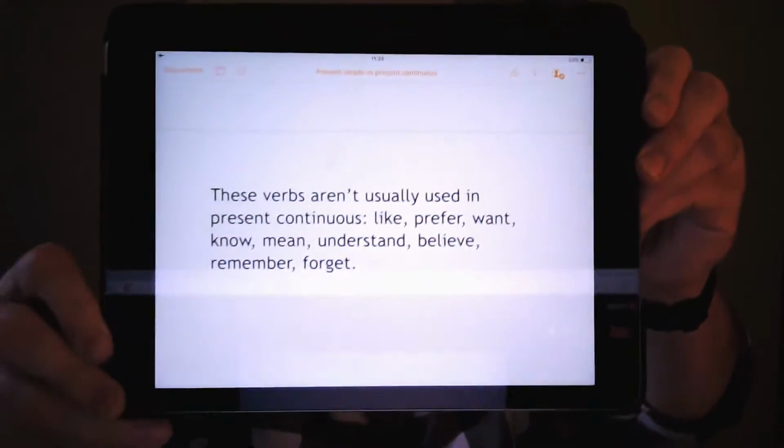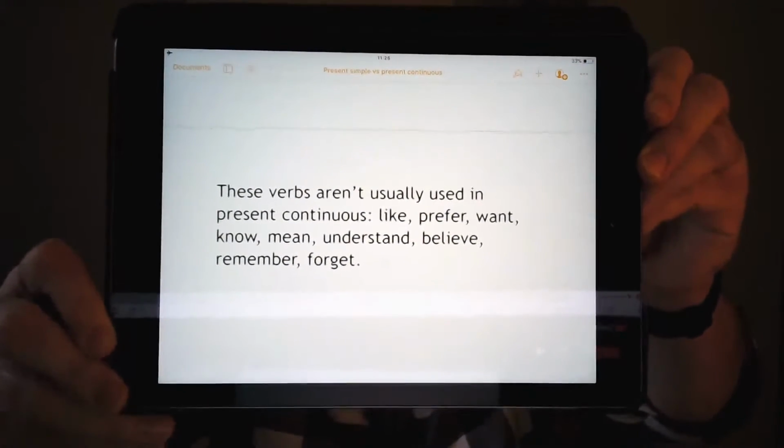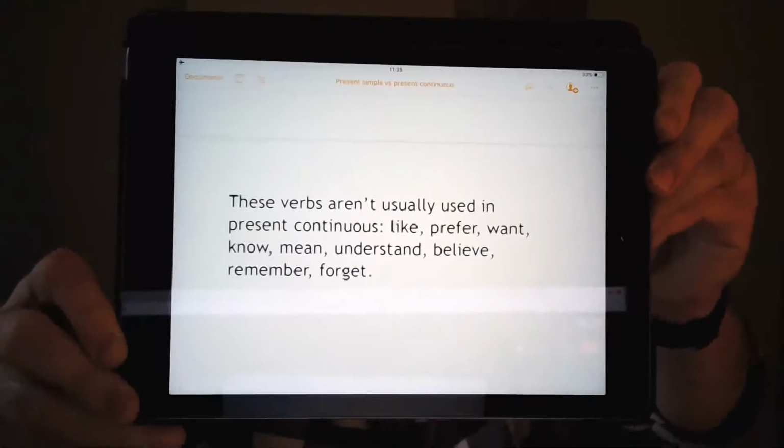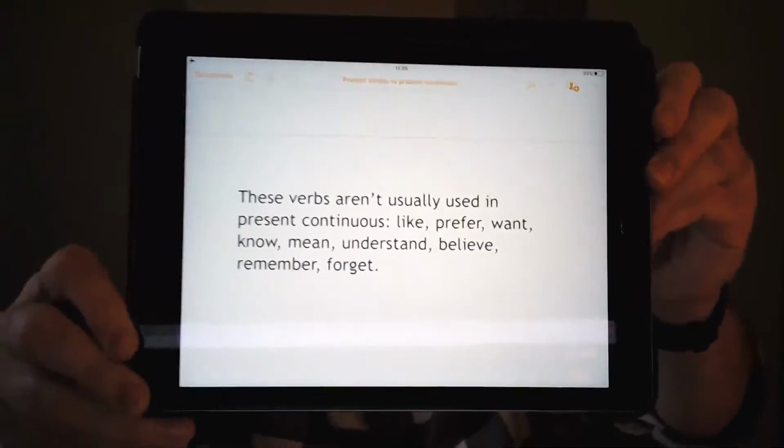So one thing I'll show you to remember, let me find it. These verbs aren't usually used in present continuous, like prefer, want.